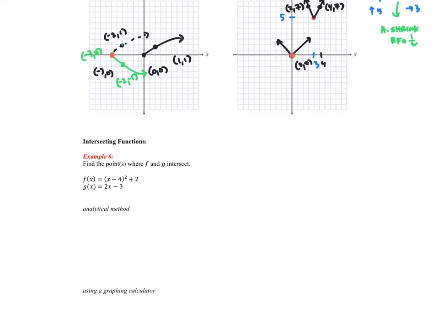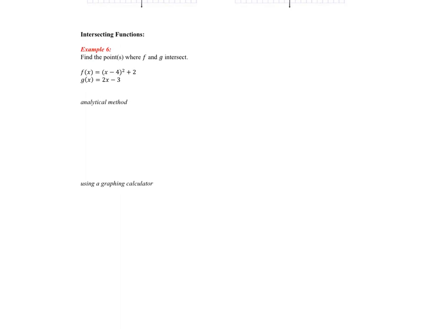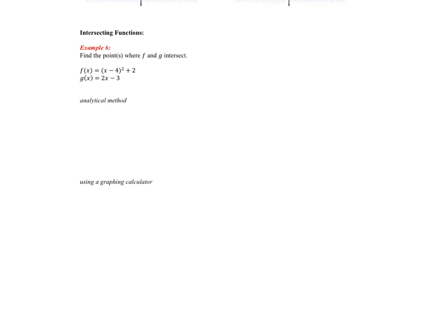Okay, let's look at intersecting functions to finish the lesson for this video. Example number 6 says find the point or points where f and g intersect. So analytically, what that means is I'm just going to set f of x equal to g of x.